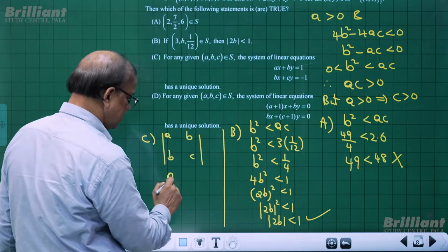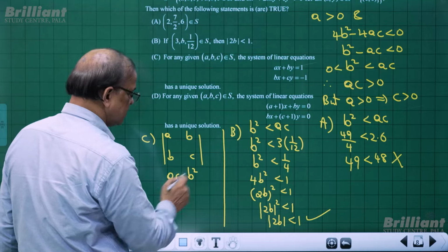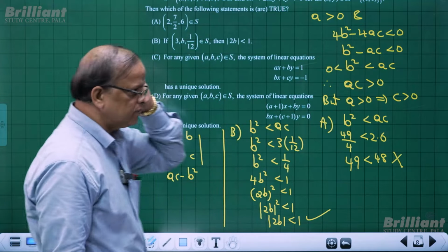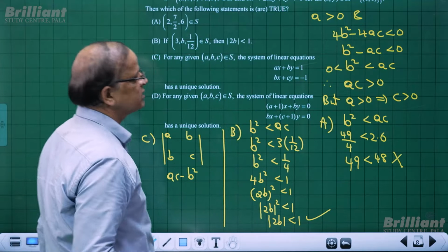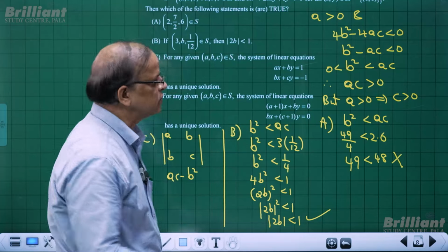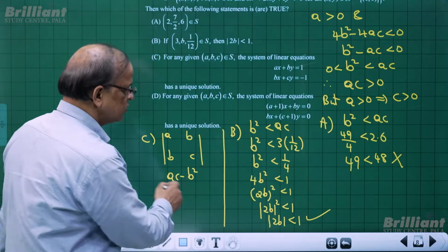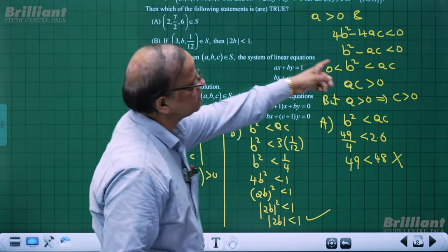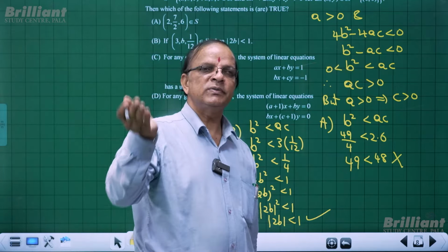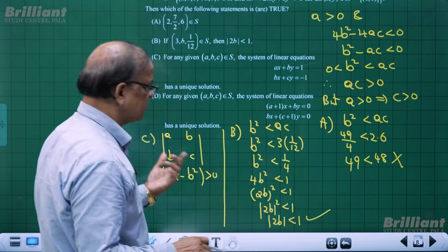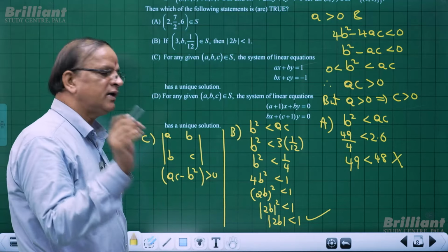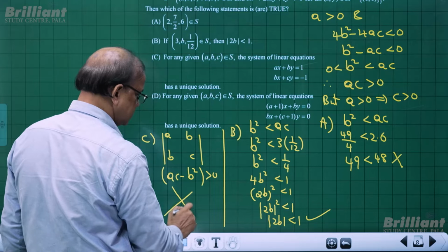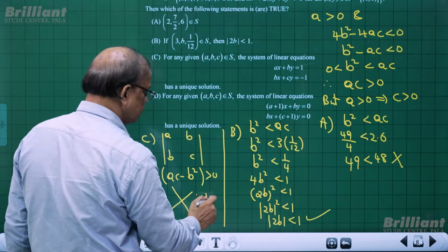But we have b square less than ac, so ac minus b square is positive. That means the two lines intersect.